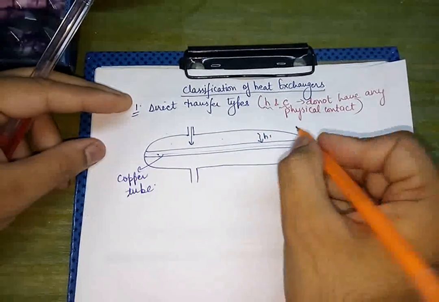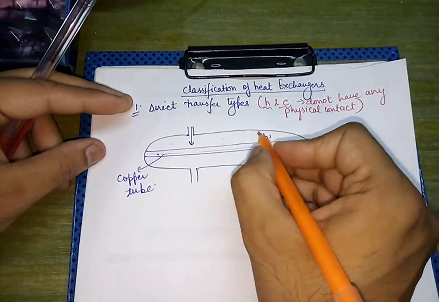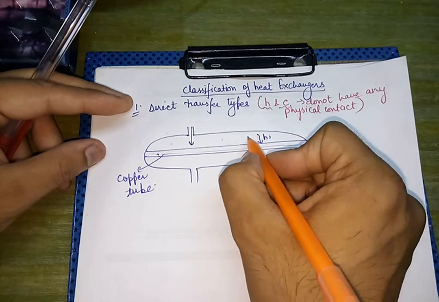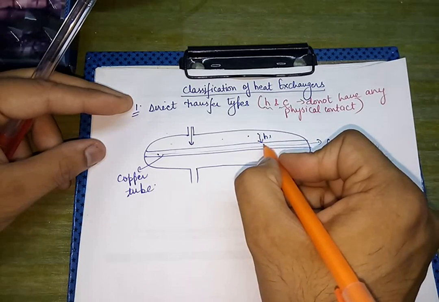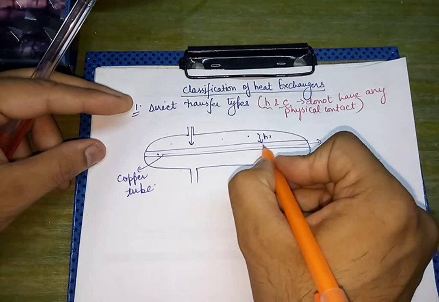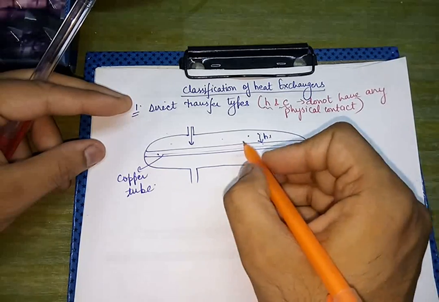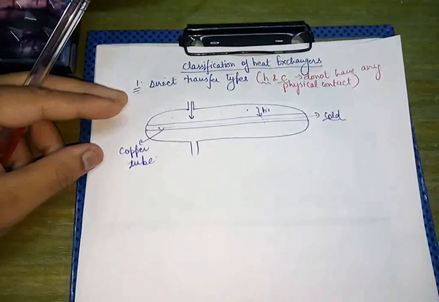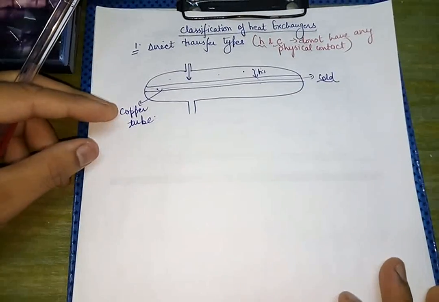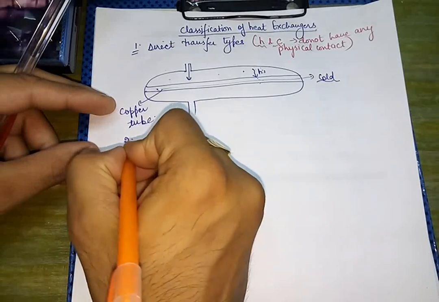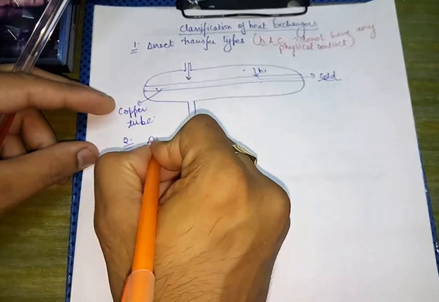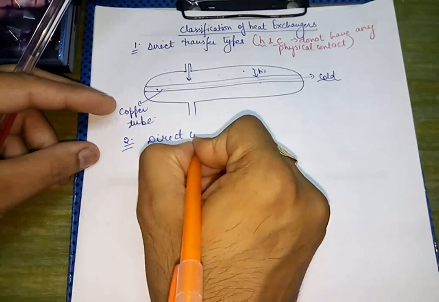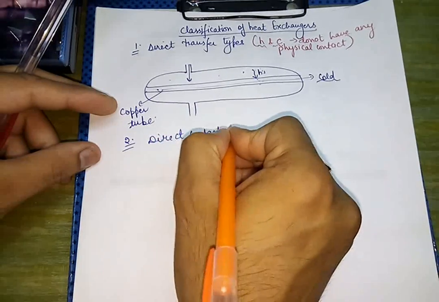Let us say that h1 is the convective heat transfer coefficient corresponding to this hot fluid, and by means of convection the heat is being convected into this cold fluid. So we can see that there is no direct physical contact between the hot and the cold fluid. So this is a direct transfer type of heat exchanger. The second category of heat exchanger is the direct contact type.